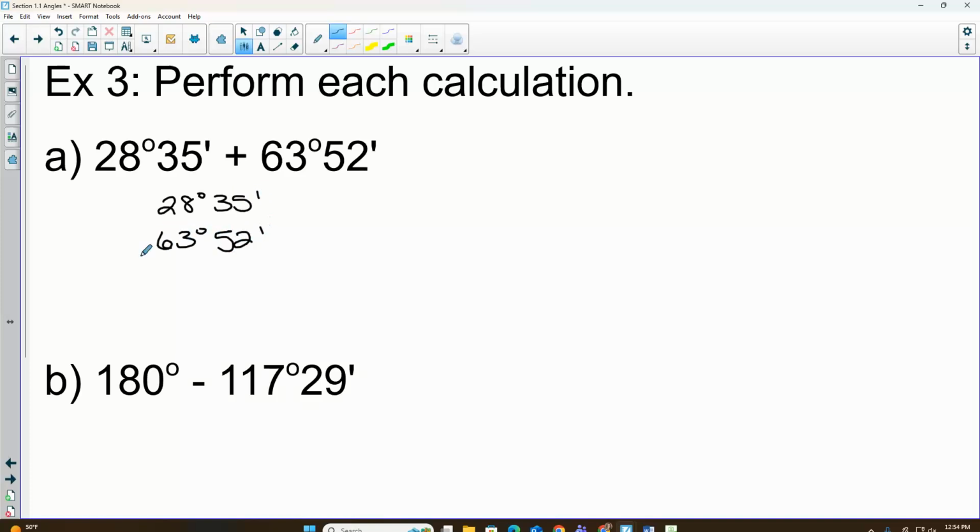I'm going to line up my minutes. Now, if I want to add these together, you are actually just going to add your minutes together, add your degrees together. Okay, so if I add my minutes, 35 plus 52, okay, 28 plus 63.